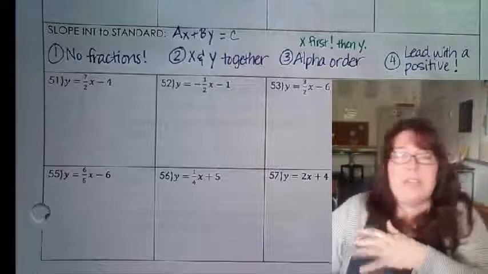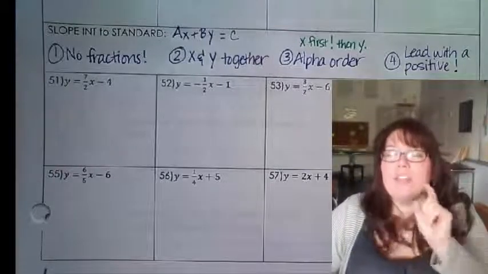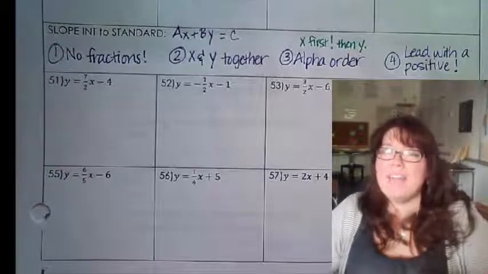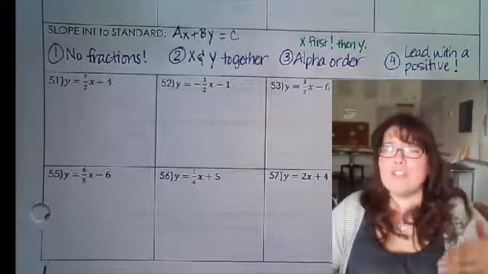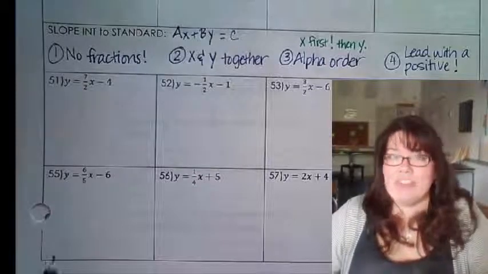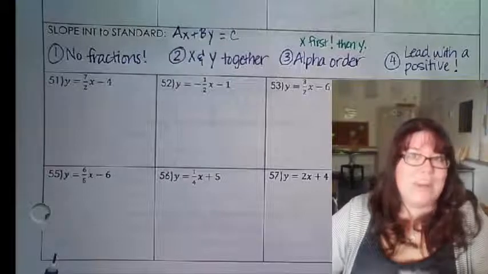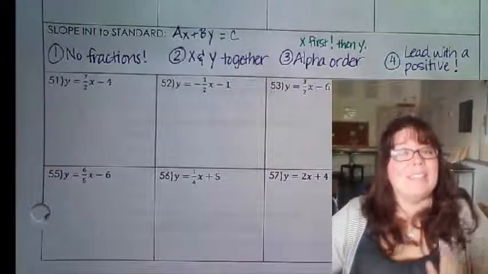Divide everything by -1 so that your first term is positive, because that's the most important one. Kind of like it's most important that your first impression be a positive impression. So the first term of this standard form, we want it to be a positive one. Now let's take a look at these 4 steps in action.